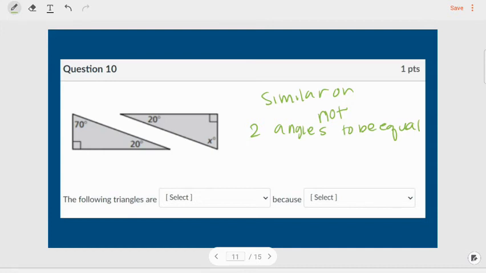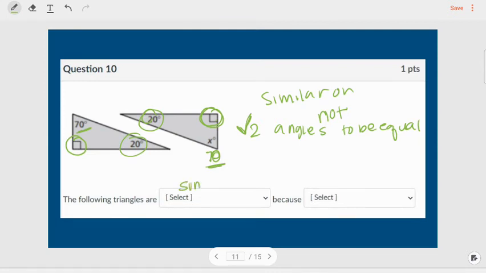So as I look at my diagram, I can see they both have a right angle and they both have a 20. So I've reached this criteria of two angles that are equal. Remember, by default, this remaining angle, x, if I subtract 90 and 20, I'm going to get 70. And so by default, notice that they are also the same.